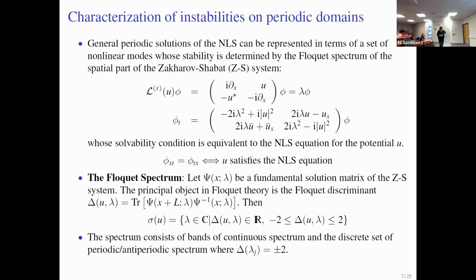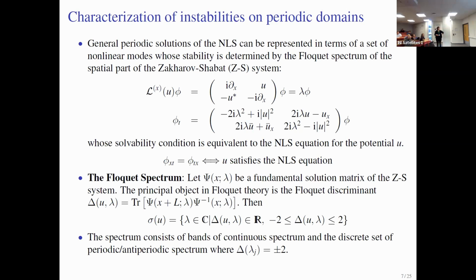And so to determine the Floquet spectrum, we let psi be a fundamental solution matrix of the system. And so then the principal object that we're interested in is the Floquet discriminant. And it's the trace of the monodromy matrix. And so then in terms of delta, the discriminant, your spectrum is given by all complex lambdas so that delta is real and bounded between plus and minus 2.